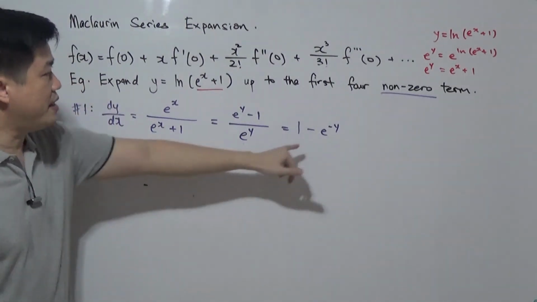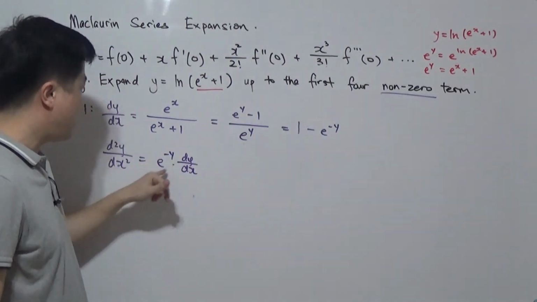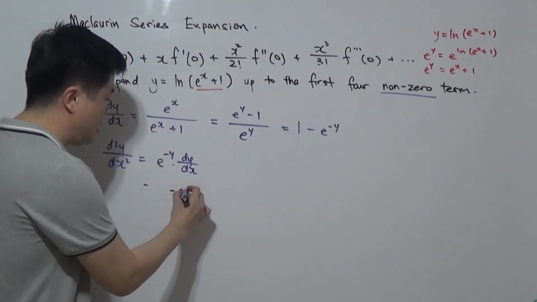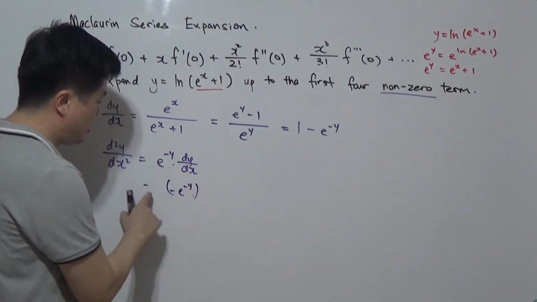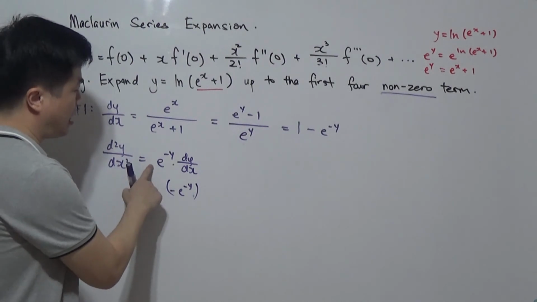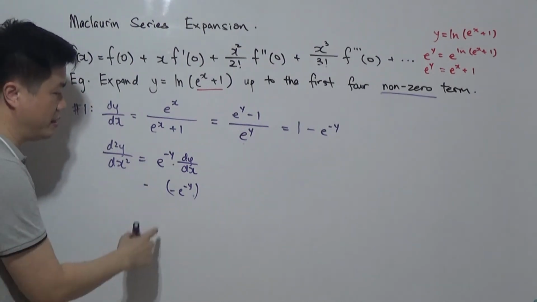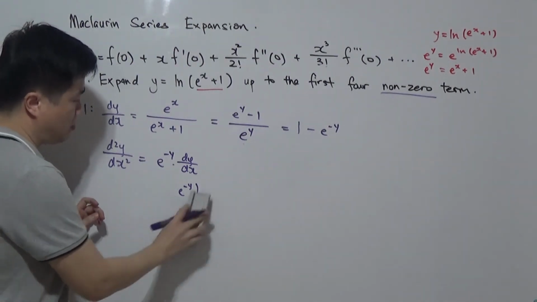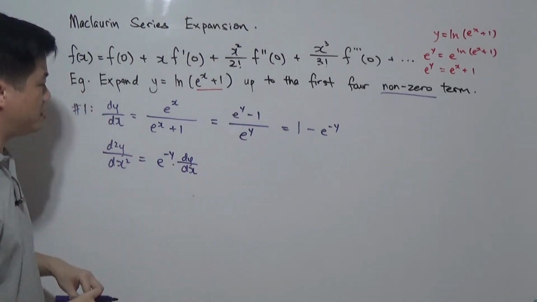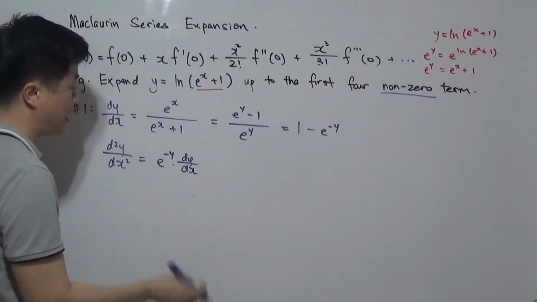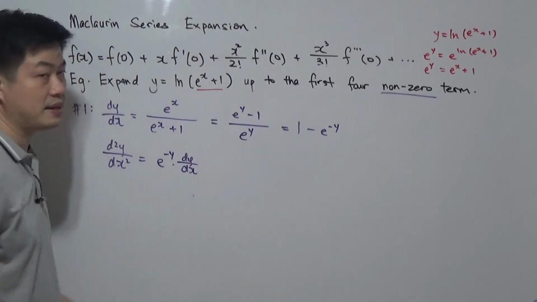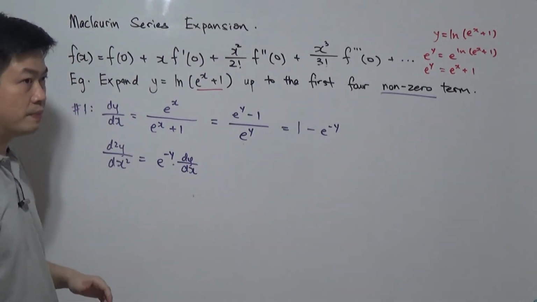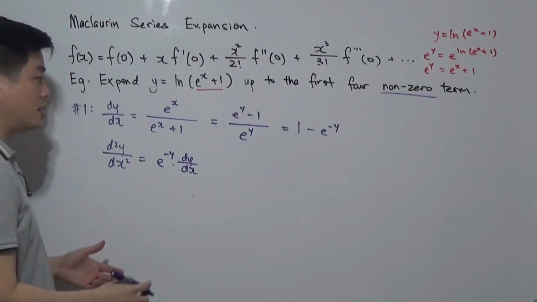Then you differentiate the e minus y, which will give you minus e minus y. So as a result, the negatives cancel out each other. That's why I'm not writing anything here. That leaves me with the e minus y. But with implicit differentiation, since we are differentiating with respect to x, you need to multiply it with dy dx. That is just a very quick explanation on implicit differentiation.